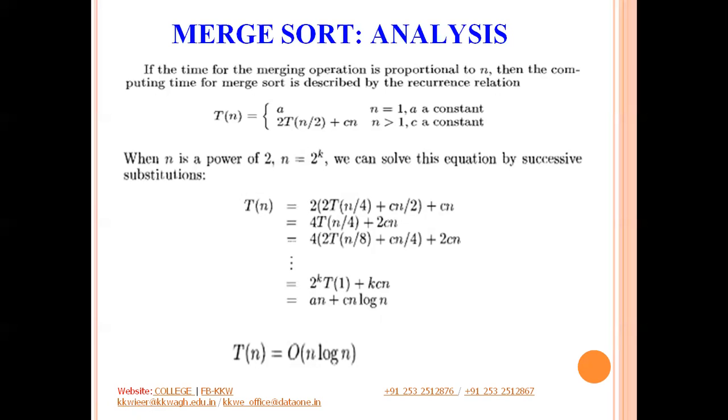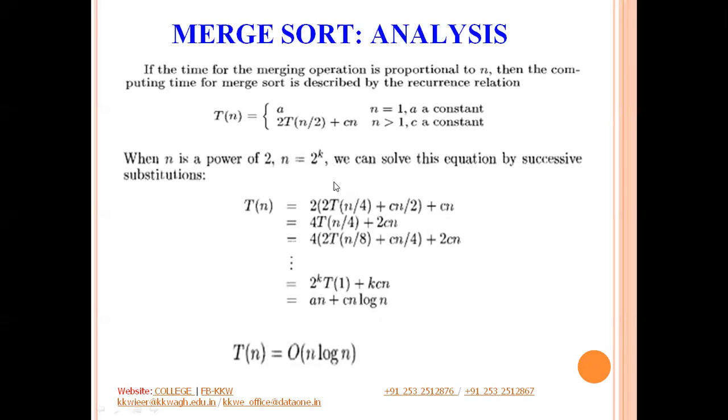So we can say that f of n is directly proportional to n, which means f of n is equal to c n, where c is a constant. That is why we write this recurrence as T of n is equal to 2T of n by 2 plus c n. Since this is n by 2, we assume n to be a power of 2, so n is equal to 2 raised to k here.